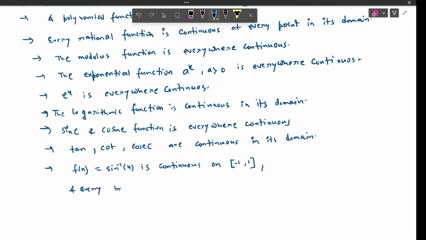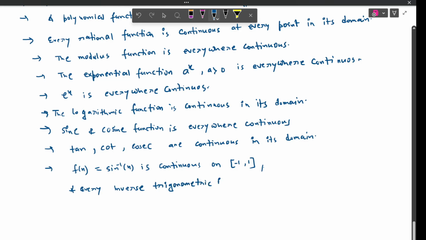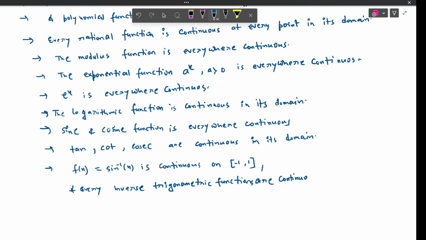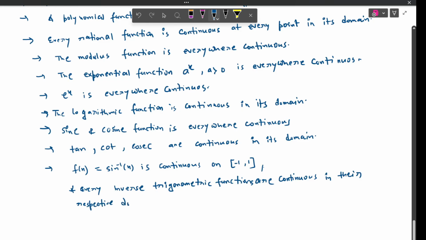Every inverse trigonometric function is continuous in its respective domain. Okay.